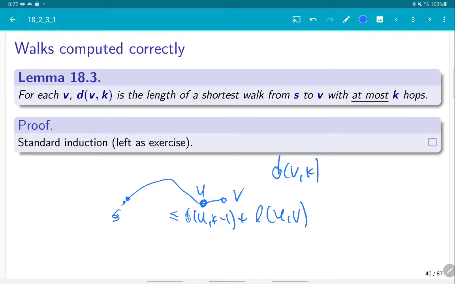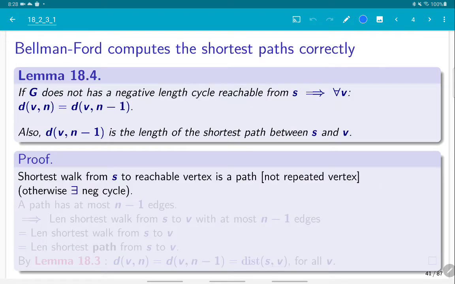Because it stores a value that is at most the desired quantity, and on the other hand it cannot be smaller than the desired quantity, so it must be the desired quantity. So that's the inductive proof. We omit it, it's easy. Maybe I should not have done it, but that's okay.